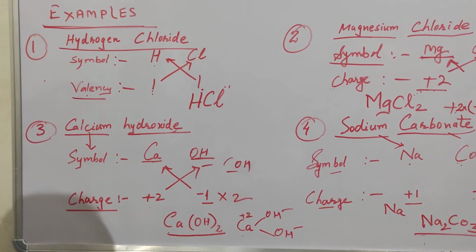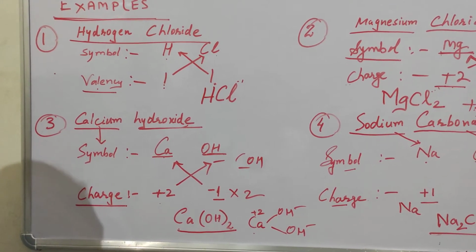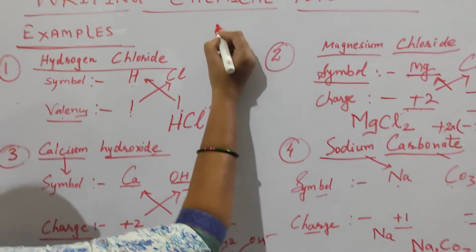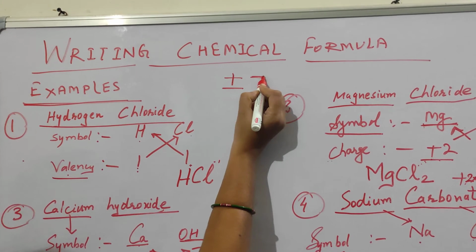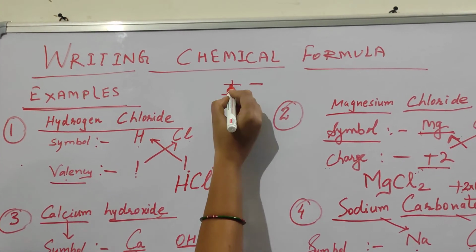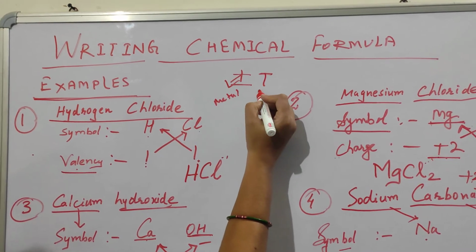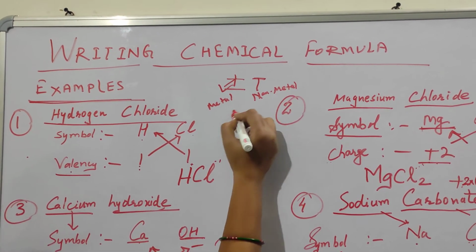The third thing was that the metal will always be followed by the non-metal. It means the positive charge will be on the left hand side and the negative on the right hand side. Positive will always be for metal, negative will always be for non-metal, and this is a universal truth.